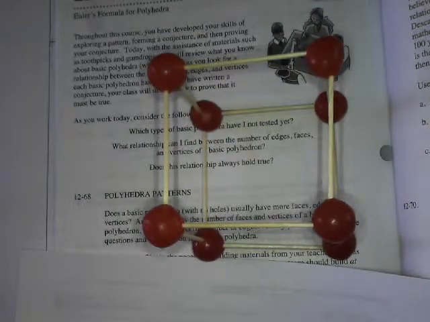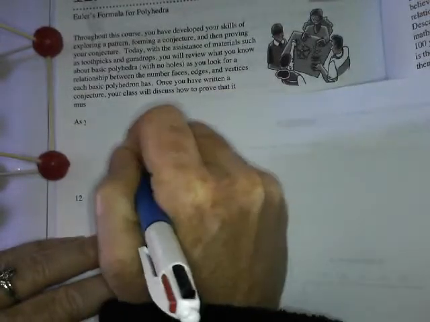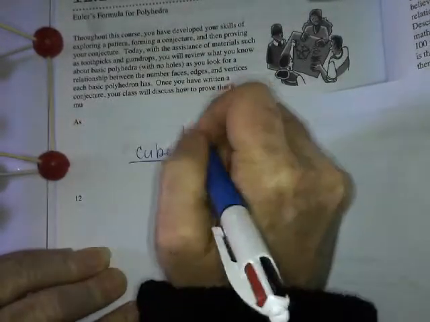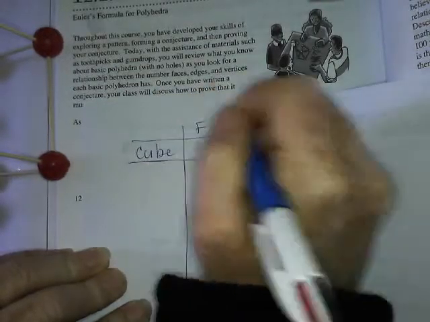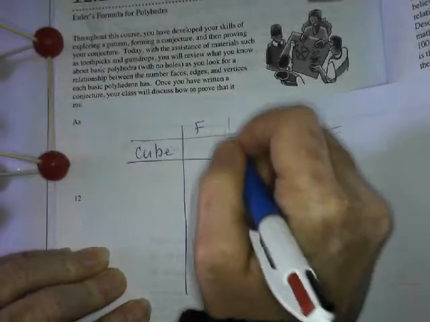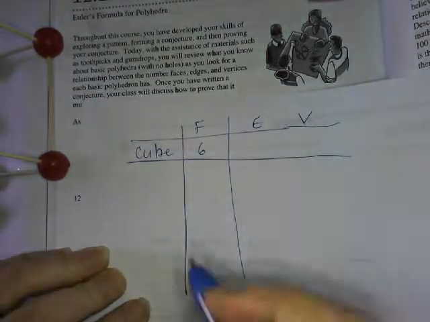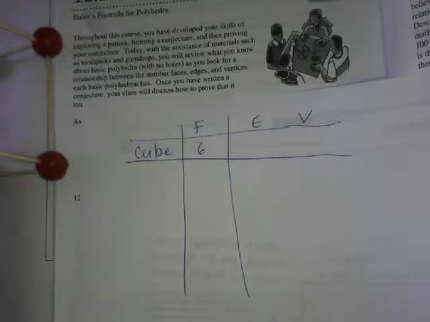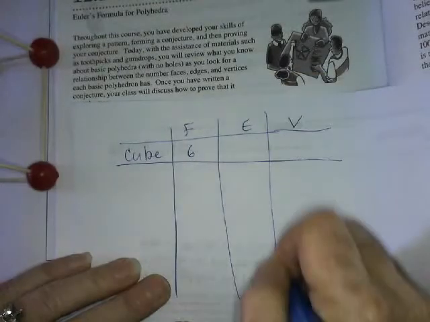Maybe I should start a little list. Cube. Faces, edges, vertices. A cube I know has 6 faces, and didn't I just count the edges? 12 edges.